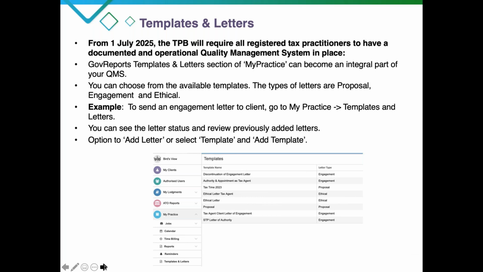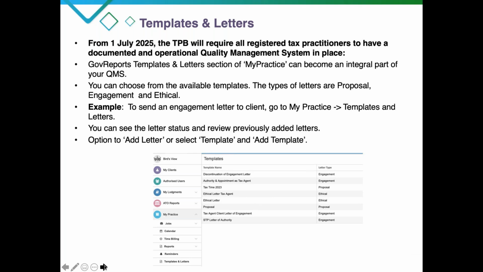So I can set up proposals, engagements, and ethical letters that I need to provide to clients in a very simple way. I can also have them sign that they've actually seen it. And we know that sometimes clients don't always read things, but at least they can acknowledge that they have received it.